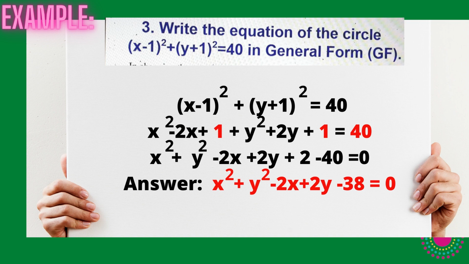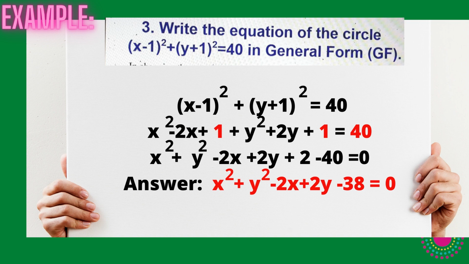Then write equals 40. Then arrange the equation using ax squared plus cy squared plus dx plus ey plus f equals 0. So combine the constant and transpose 40 to the left side. Okay? So to simplify further, we need to combine 2 minus 40. So for the final answer, we have x squared plus y squared minus 2x plus 2y minus 38 equals 0.